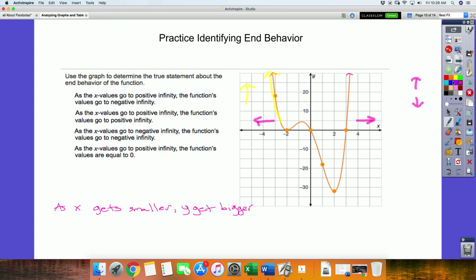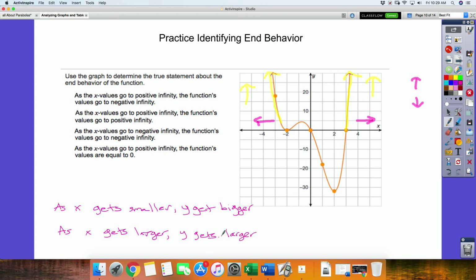And if I look on the other side, as my x's are getting bigger, my arrow is going up. So that means, again, my y's are getting bigger. So as x gets larger, my y also gets larger.